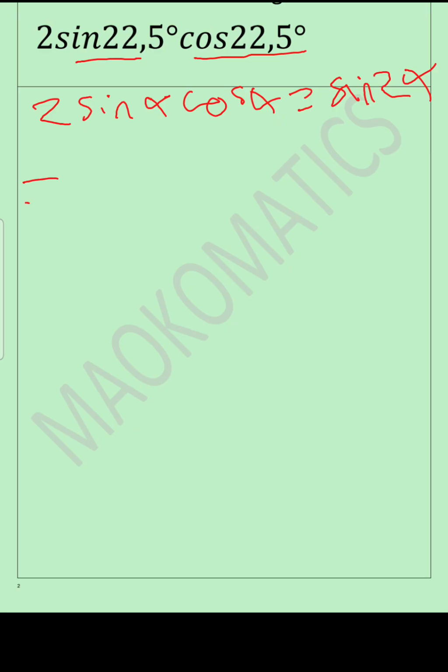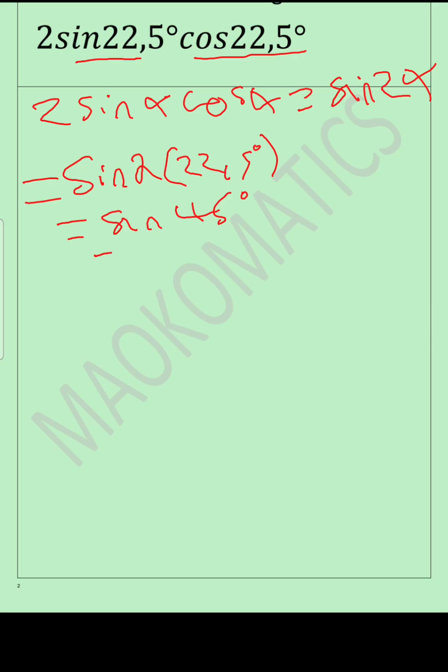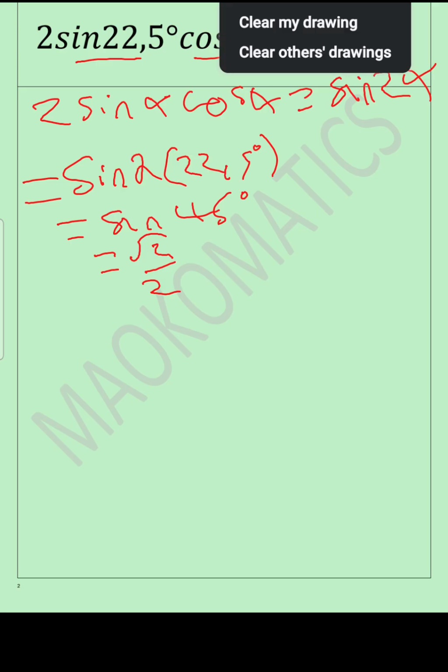So I can say this is sine of 2 times 22.5 degrees, which equals sine 45 degrees. You punch sine 45 degrees in your calculator, you get root 2 over 2. That's how we do that one.